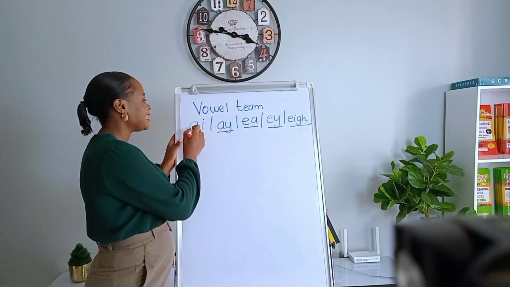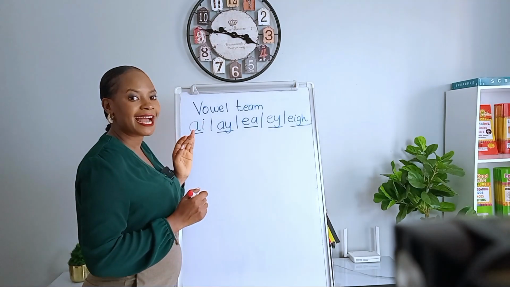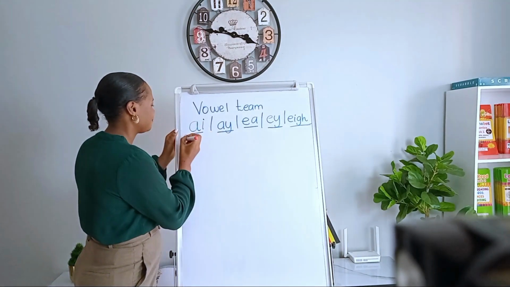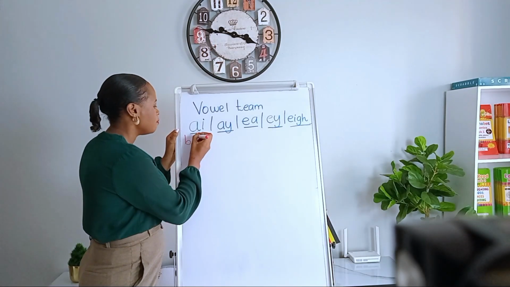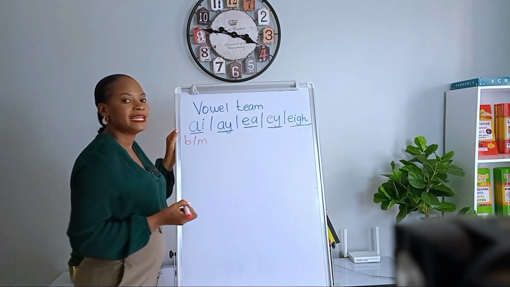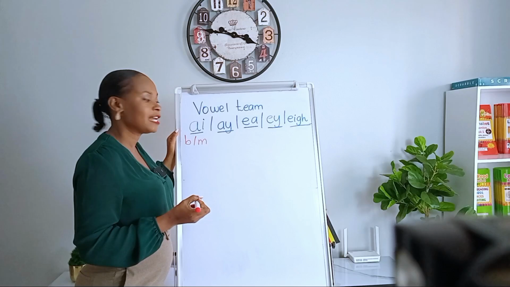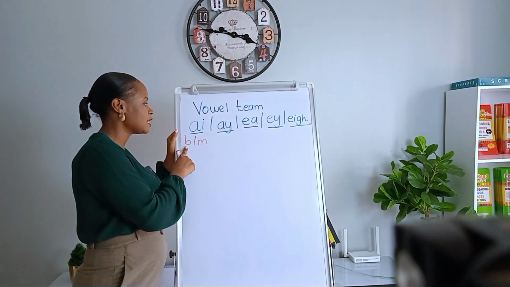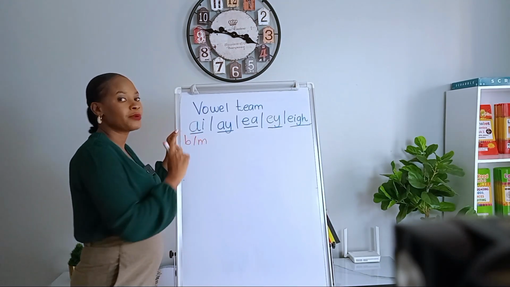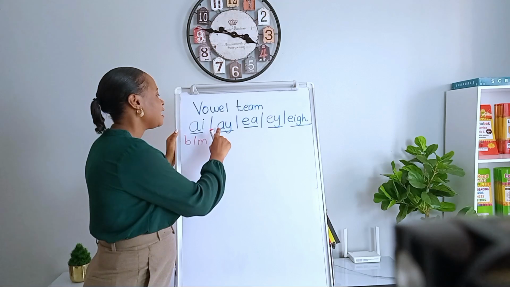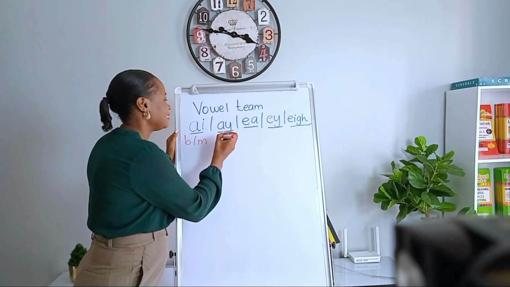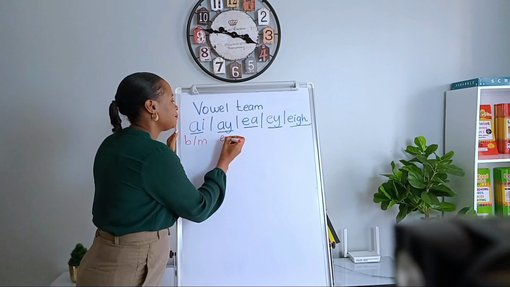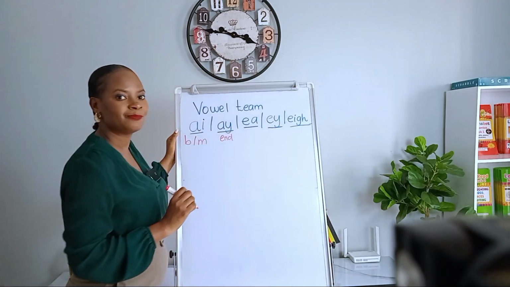We know that AI is either at the beginning, I'm going to use B for beginning, or middle. Every time you sound out a word and hear the A sound at the beginning or in the middle, spell with AI. Every time you sound out a word and hear the A sound at the end, spell with AY.